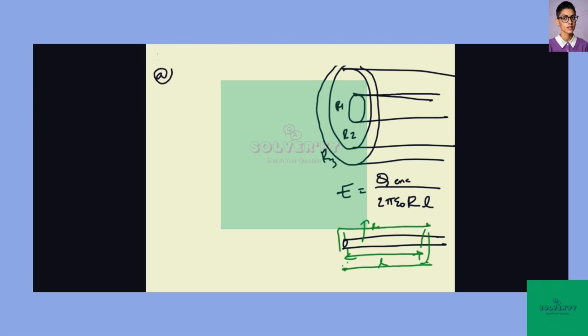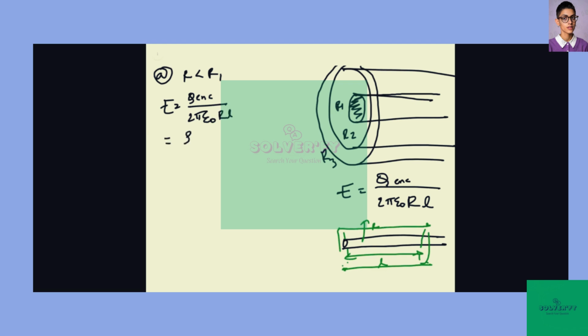Now, for part A, consider a distance less than r1, that is within the inner cylinder. So, electric field is Q enclosed divided by 2 pi epsilon naught rL.